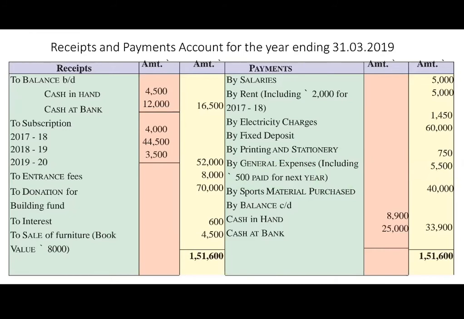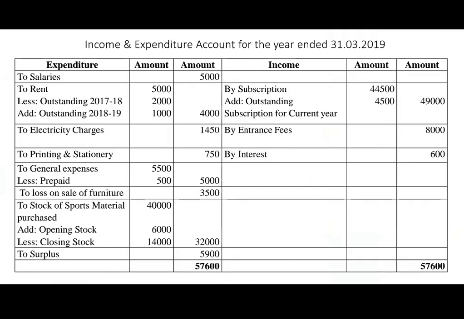So if you see over here, less prepaid. So from 5,500 you have to deduct this 500. How much is it? 5,000. So 5,500 less 500, whatever will be there, will be in the second column of the amount.